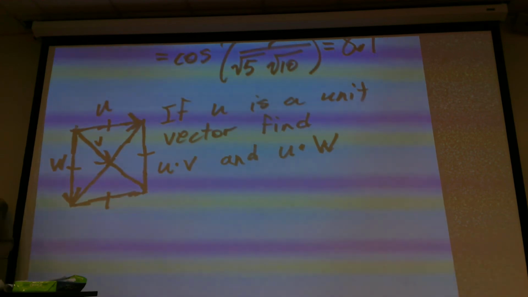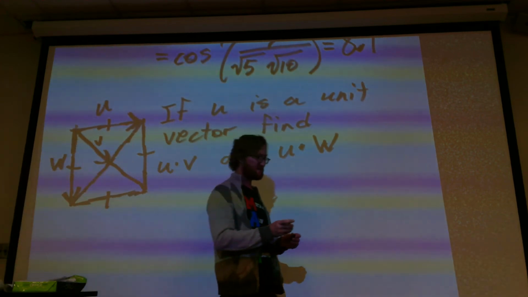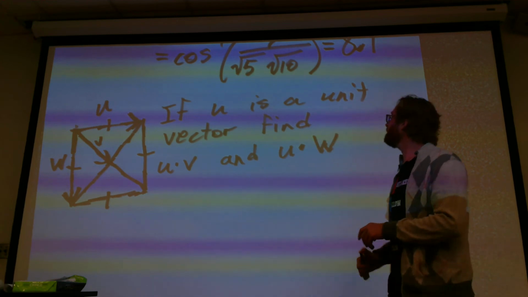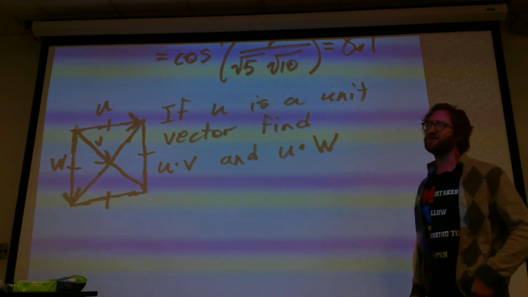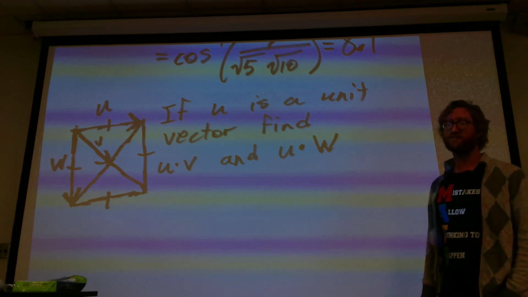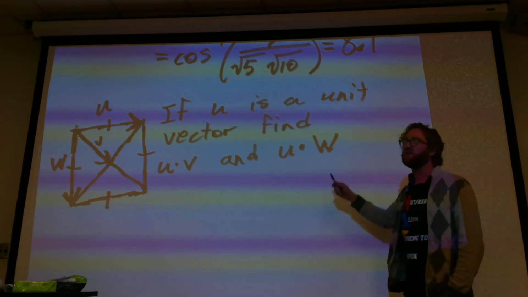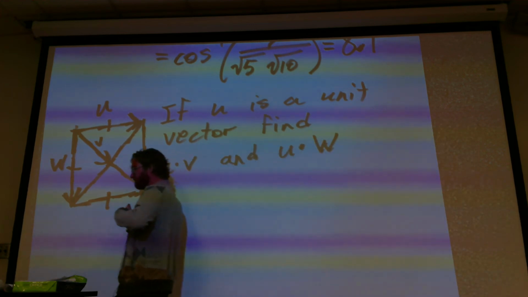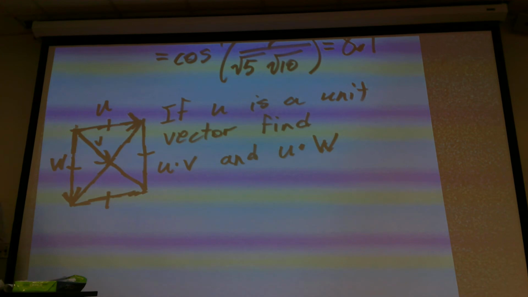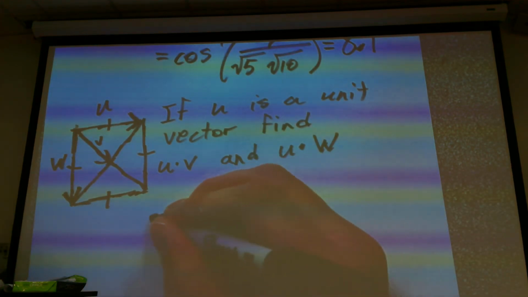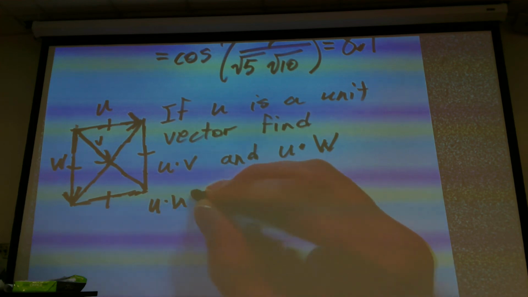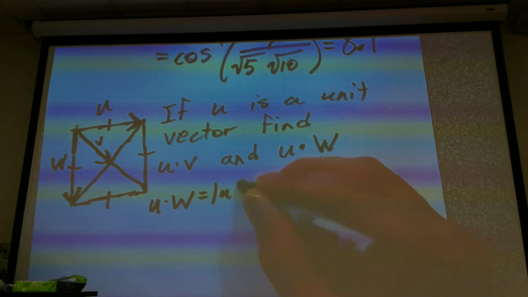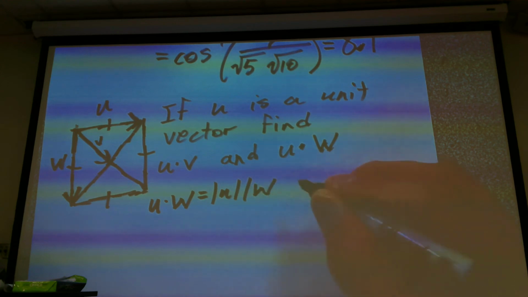So this is a square, meaning that all the sides have to have the same length. So if U is a unit vector, that means that W is also a unit vector, and they're perpendicular to each other. So U dot W is going to be the easier one to find. I'll stick with degrees. So U dot W would equal the magnitude of U times the magnitude of W times cosine of theta.